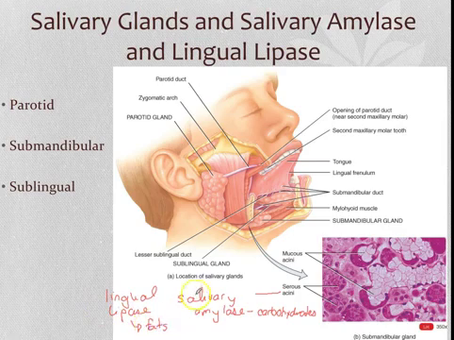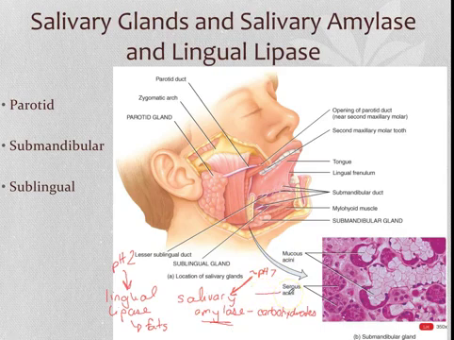Now, kind of an interesting thing about these two, and you should know, is that salivary amylase functions best around the pH of 7, roughly, give or take. And then lingual lipase works best around the pH of 2. So basically what this ends up meaning is that even though these two are both released into your mouth, salivary amylase will start working immediately because the pH in your mouth is around 7, right?